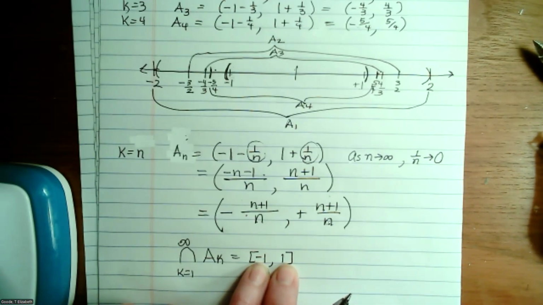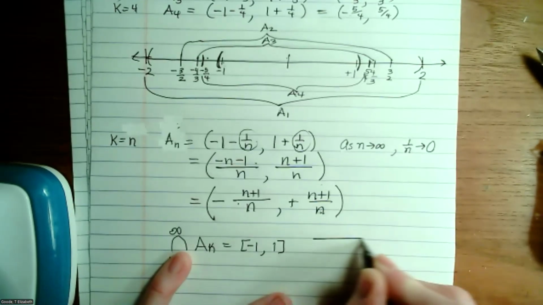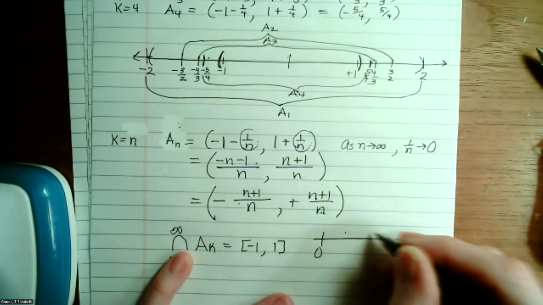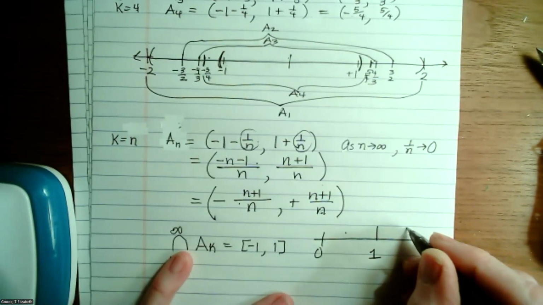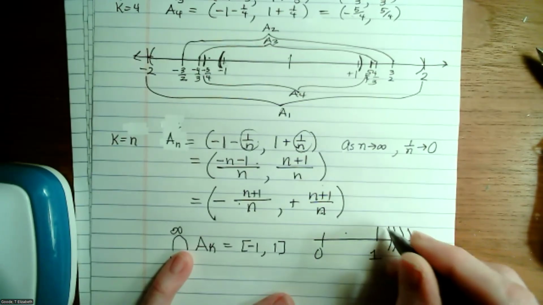But there is no number to the left of -1 or to the right of 1 that would be guaranteed to be in all of them. See why is that, Lev? Let's say here's 1, and we're looking closer and closer.